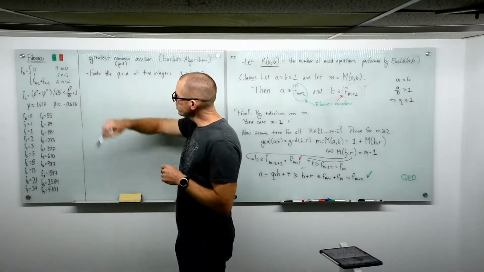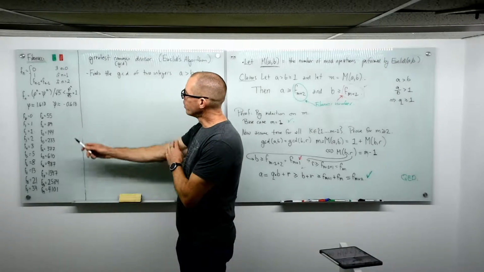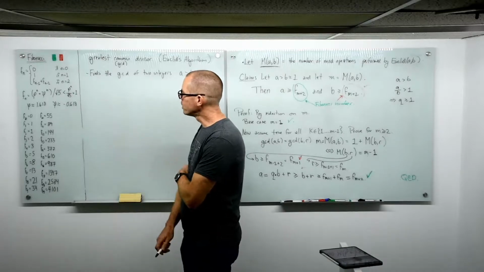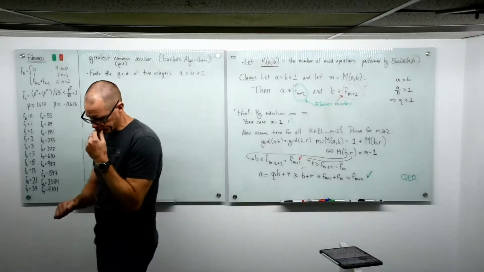There's this nice approximation that I said: the nth Fibonacci number is roughly rho to the n divided by square root 5.